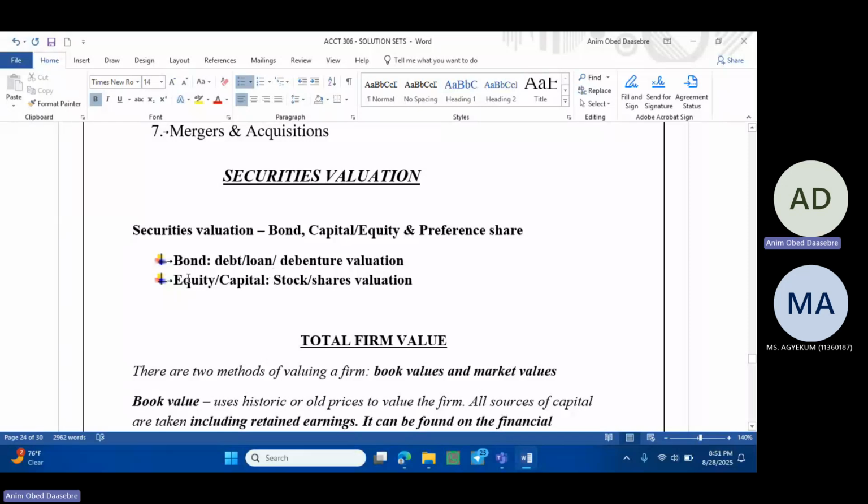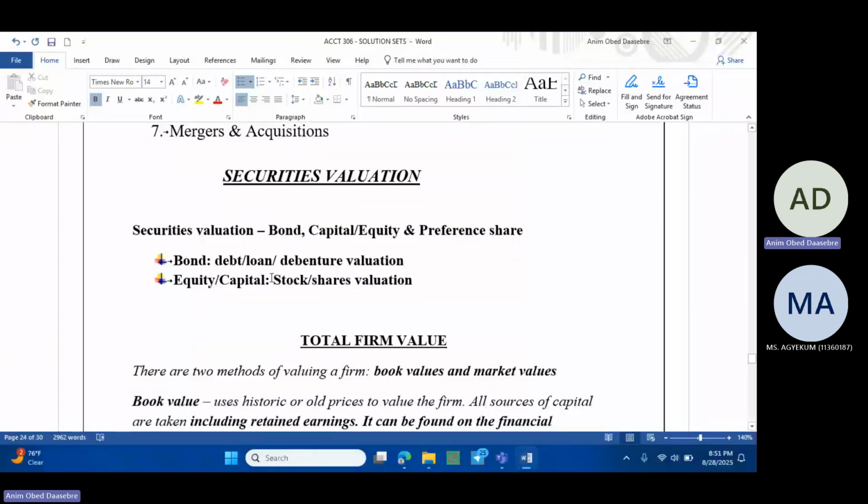When you pick equity or capital, it is the same thing. Another way you can also see capital or equity is stock or shares. They are all examples of equity.